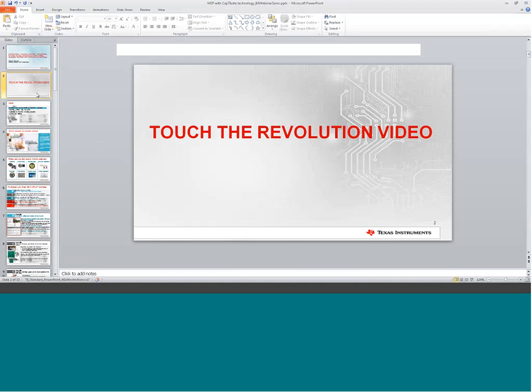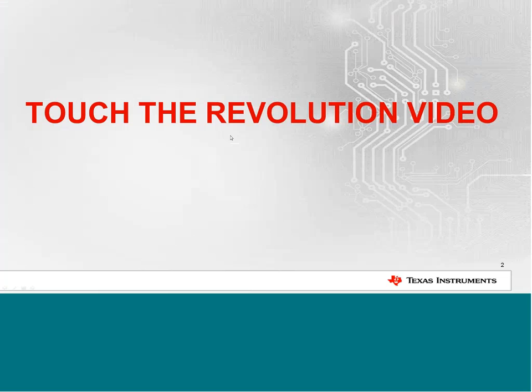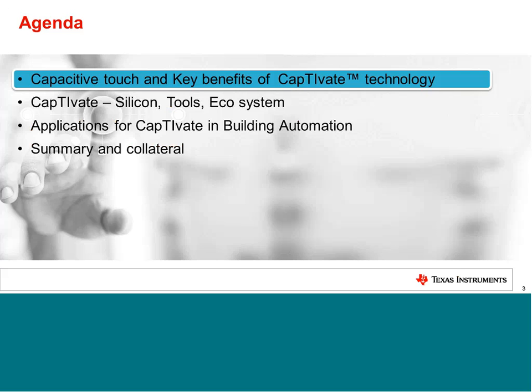Hopefully you were able to see that video, and if not, the same video is available on www.ti.com/CapTIvate. It gives a very quick glimpse of the several features and benefits of CapTIvate that we'll go over right now. We'll go over some of the key benefits that you get with CapTIvate technology.